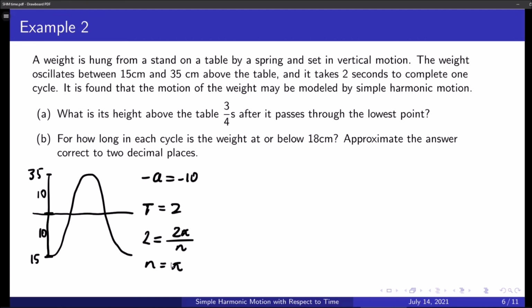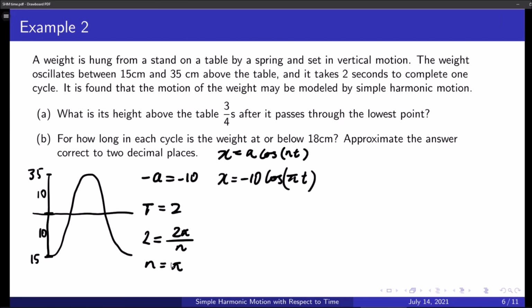So if we plug everything into the equation of x equals to A cosine nt plus, actually, we don't have to worry about the initial phase because we can just take the lowest point as t equals to 0. So we end up with x equals to -10 cosine pi t. Okay.